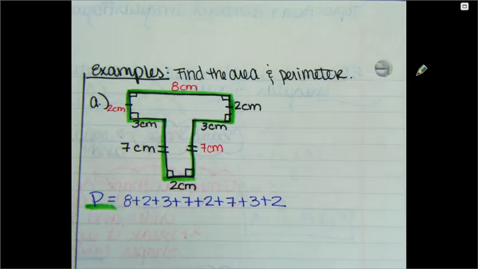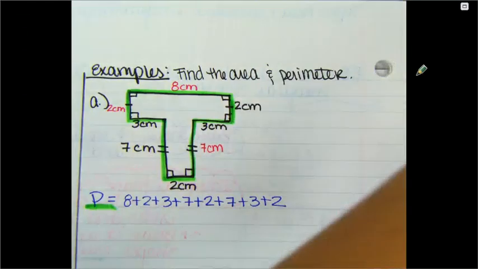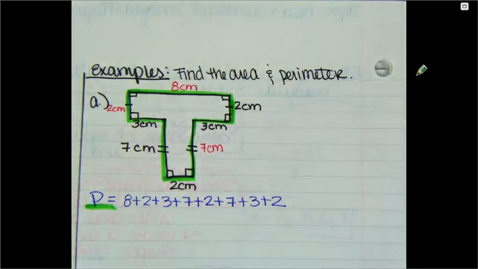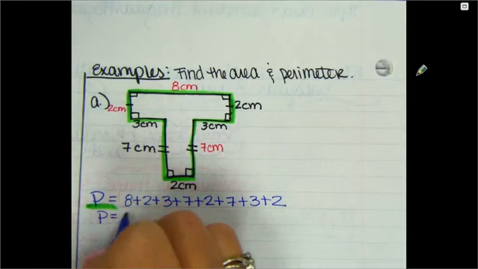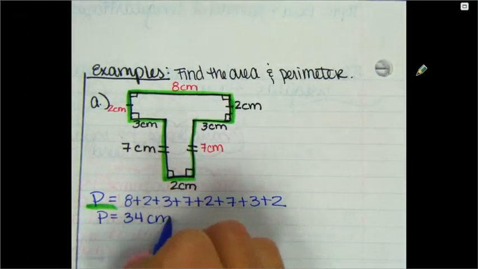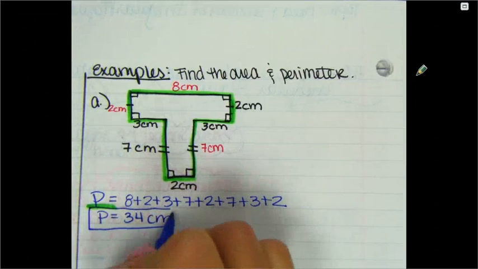Find groups of 10. What do we get? 30 what? 34 is correct. So your perimeter is 34 what? Centimeters. Very good. So we found perimeter, and now we're going to find area.